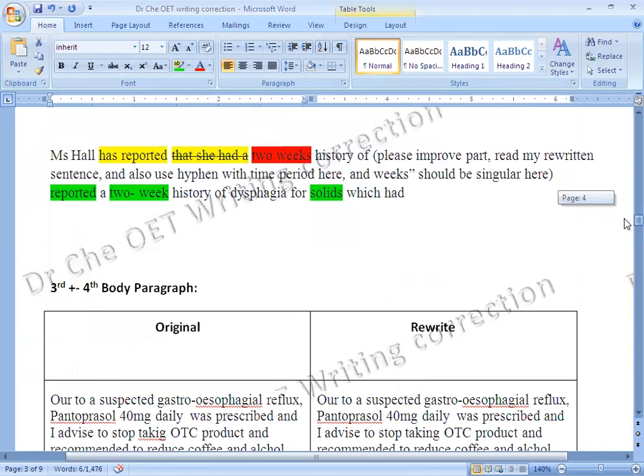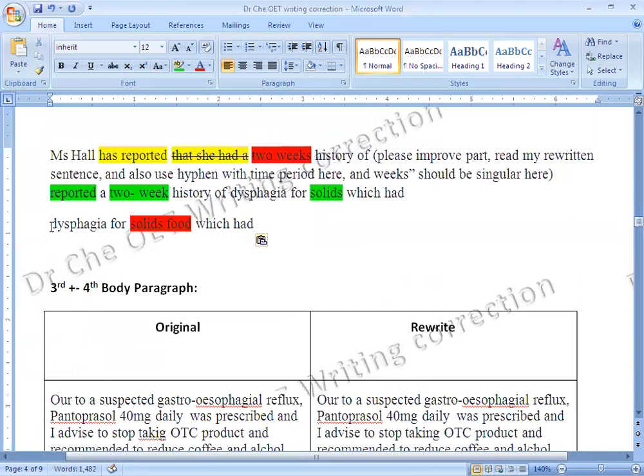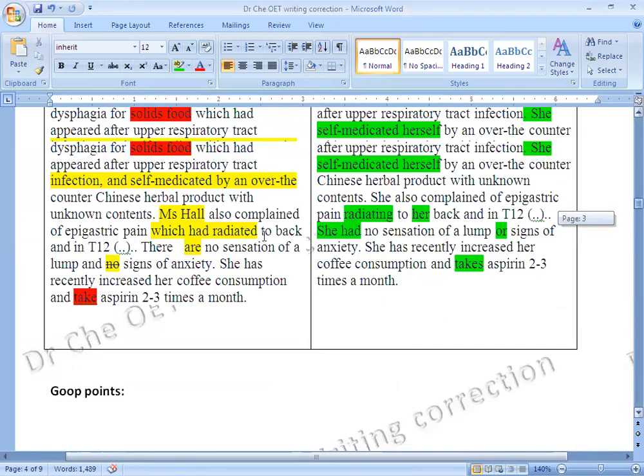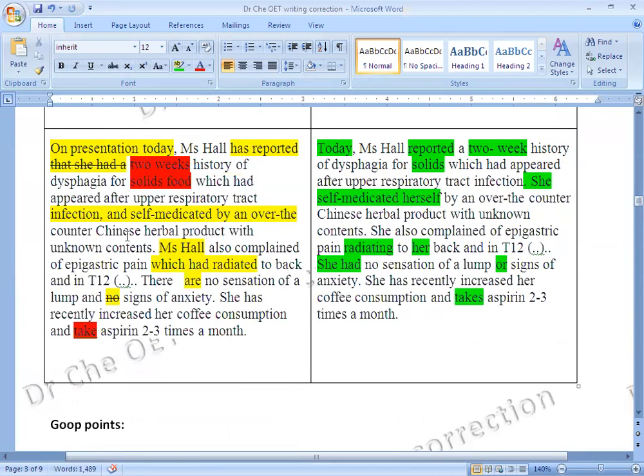What we should say to the student is: please only write solids or solid food. Okay, doctor, can you understand, or do you have any questions so far?